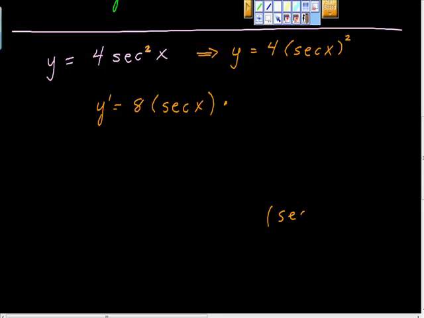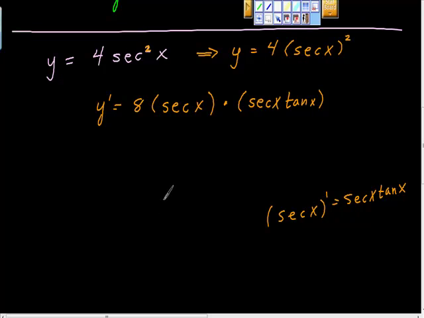The first derivative of secant of x is equal to secant x tan x. Again, you have to commit that stuff to memory. So all I'm going to do is put that derivative in here, and it's going to be secant x tan x.